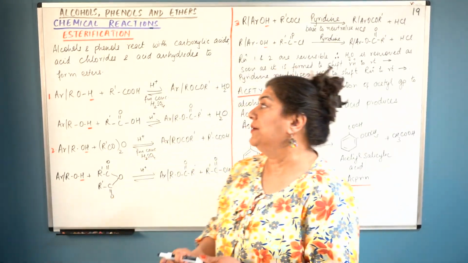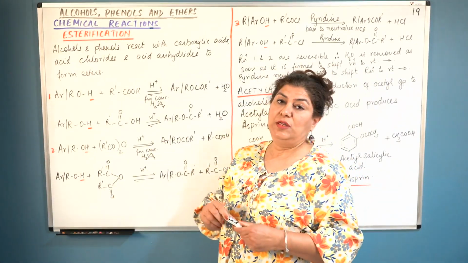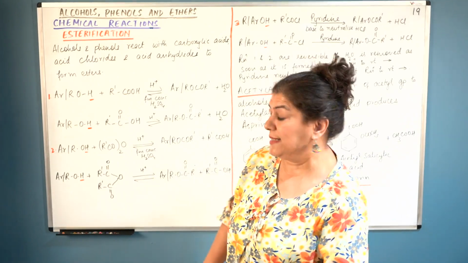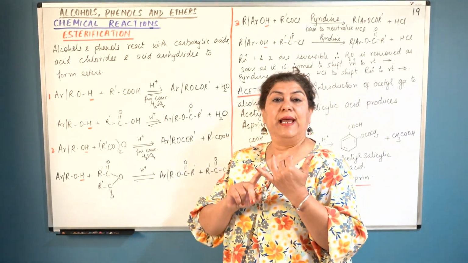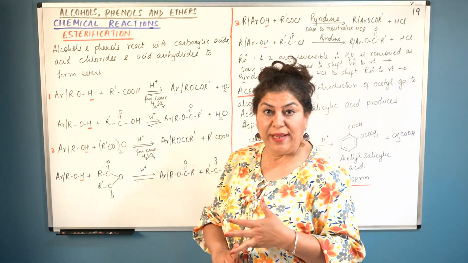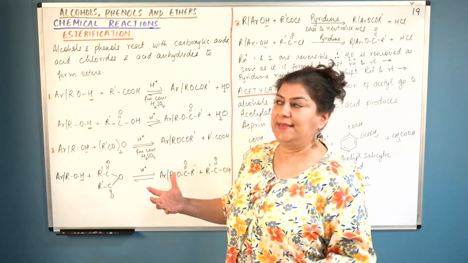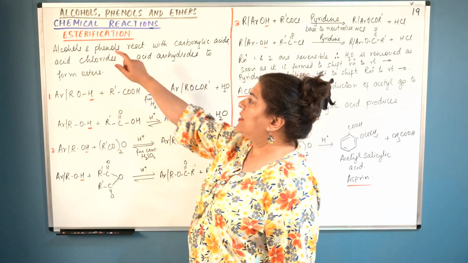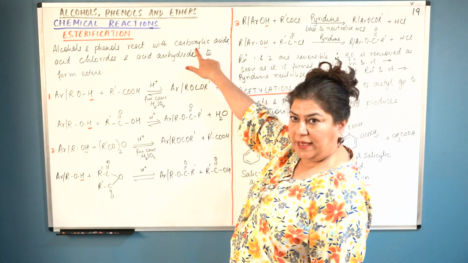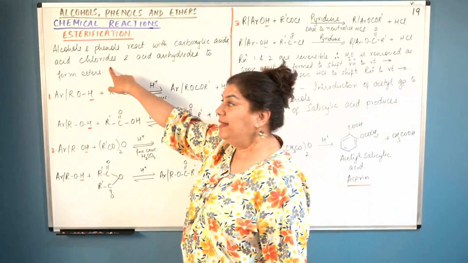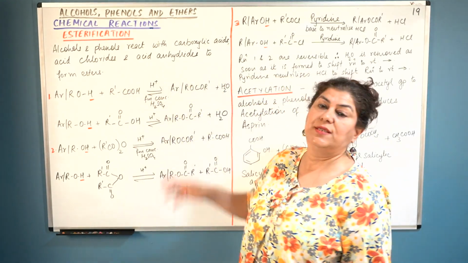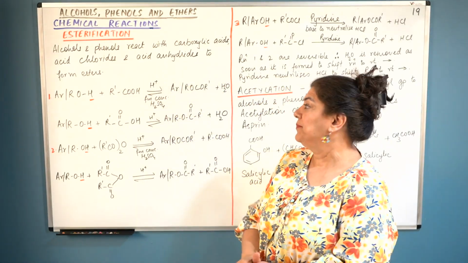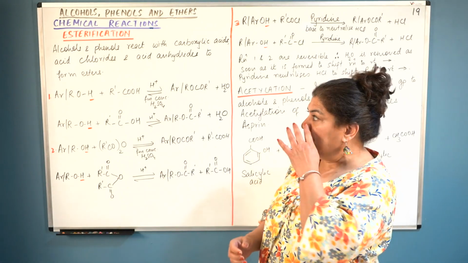So we study here that alcohols and phenols can react not only with carboxylic acids, but with acid anhydrides and acyl chlorides, and they can produce esters as a result. Alcohols and phenols react with carboxylic acids, acid chlorides and acid anhydrides to form esters. So let us look at these three.